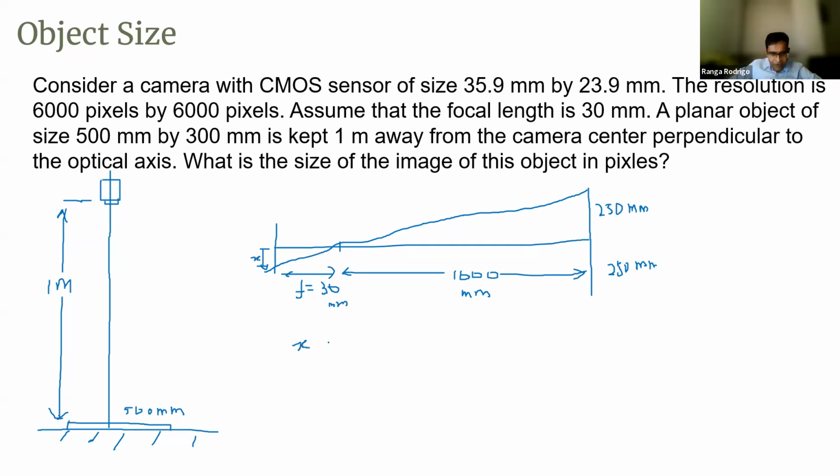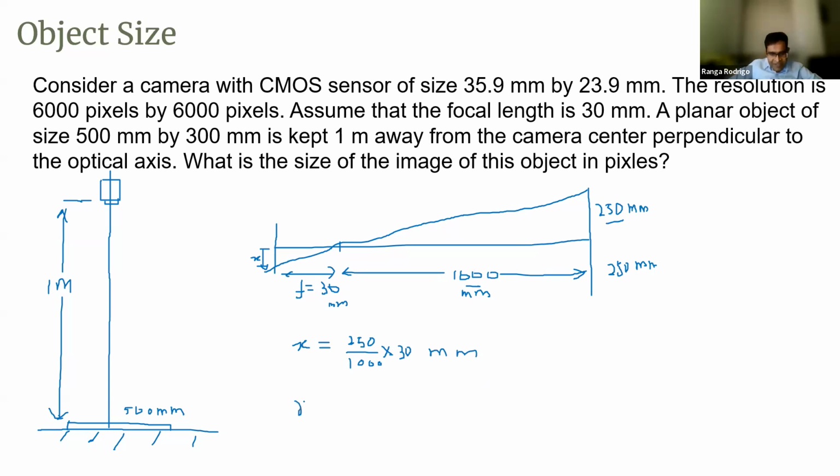X is equal to, from similar triangles, 250 divided by 1000 multiplied by 30. That's in millimeters.